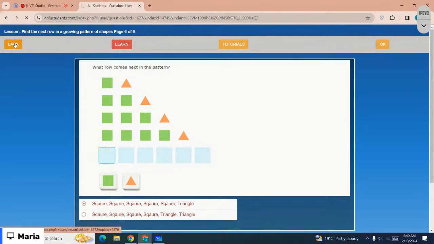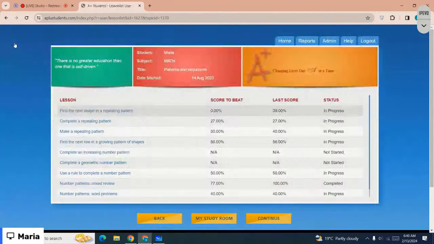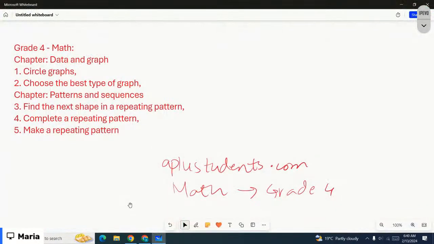So, we were working on grade 4 math. The chapter we're working on is data and graphs. The lessons we have covered from the chapter are circle graph, choose the best type of graph.